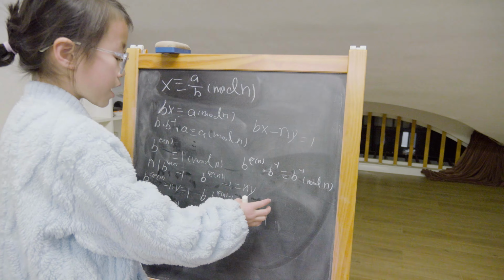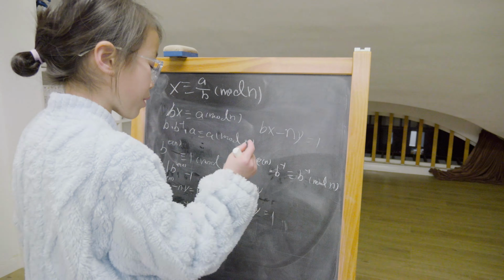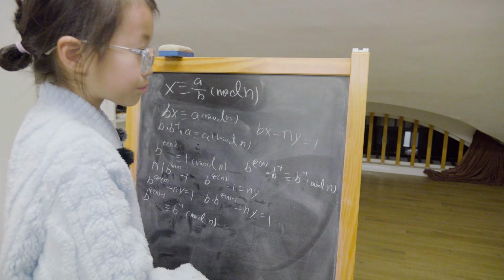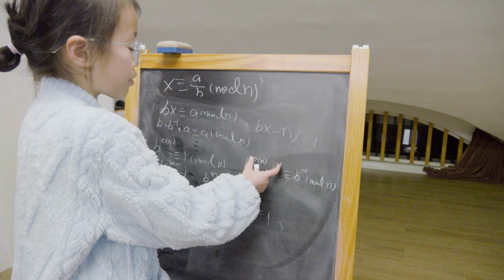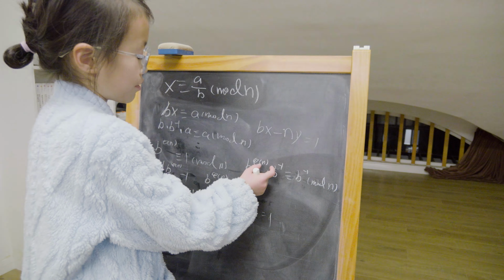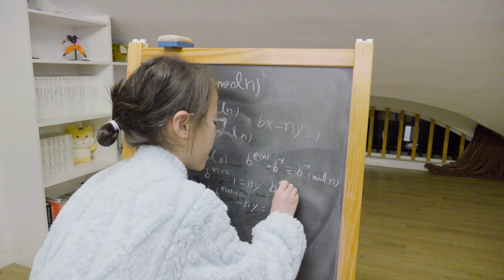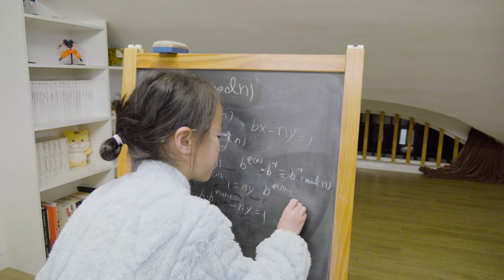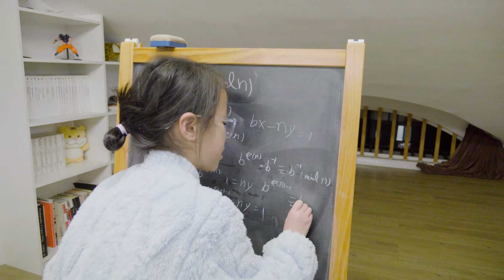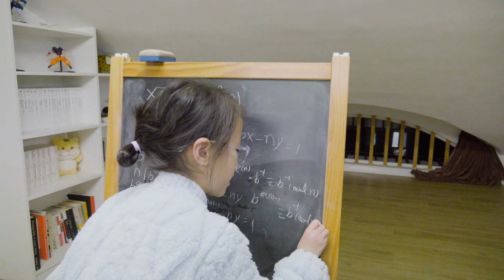If the left side is represented by a fraction, we can use the exponential rule and combine the exponents. So we have b to the phi of n minus 1 on the left, and an integer on the right, congruent mod n.